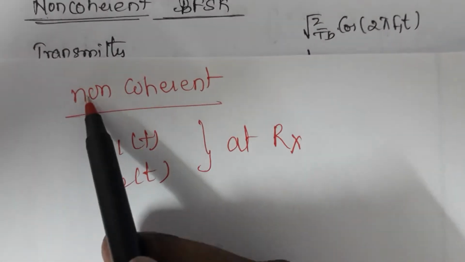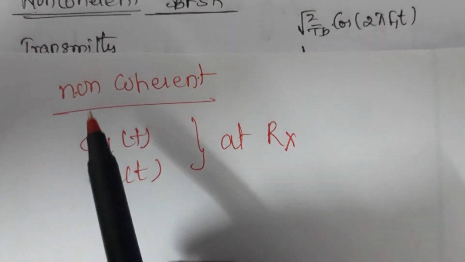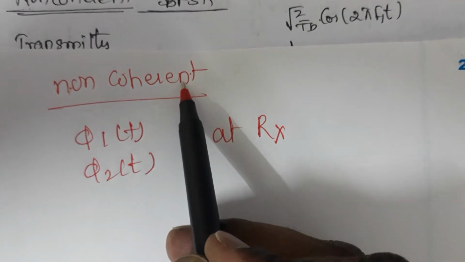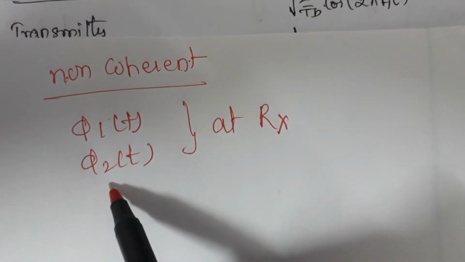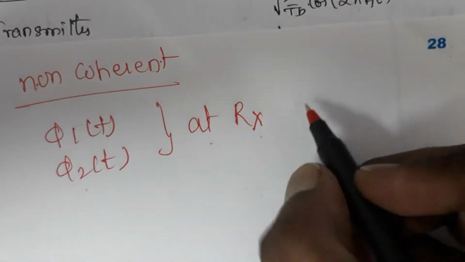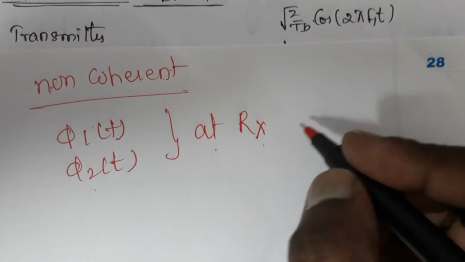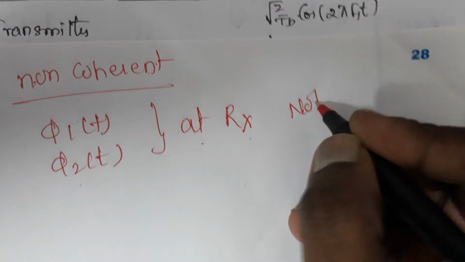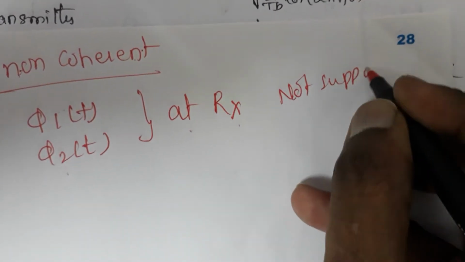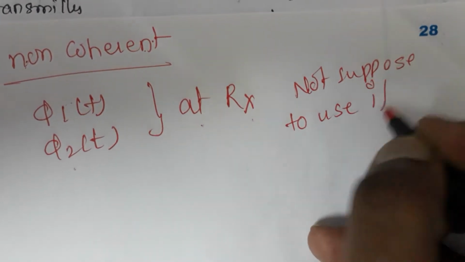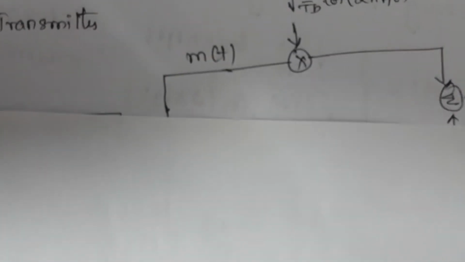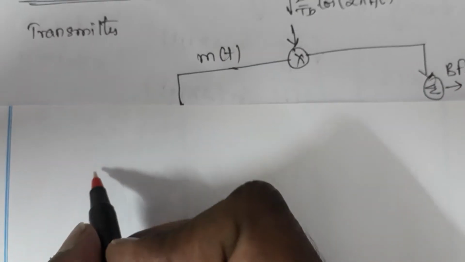That is called non-coherent. I will repeat: non-coherent means you are not supposed to use the carrier at the receiver. So I'm going to tell a very simple method to get this one.